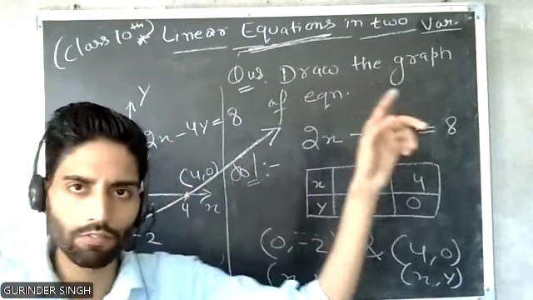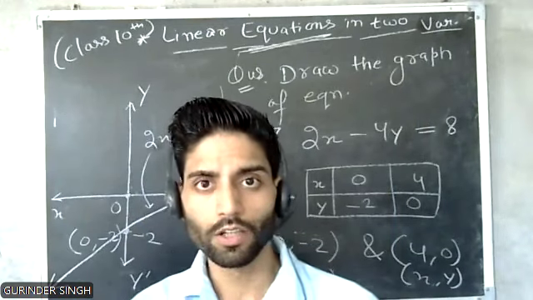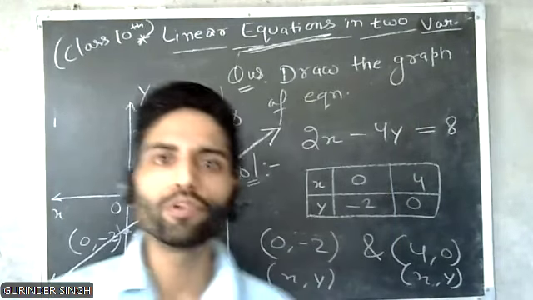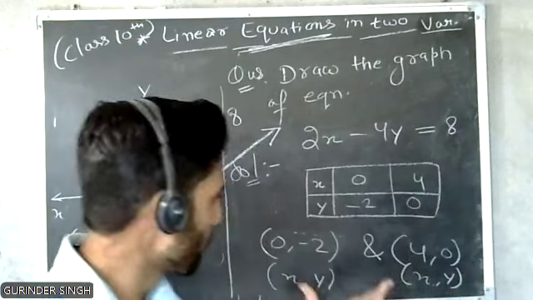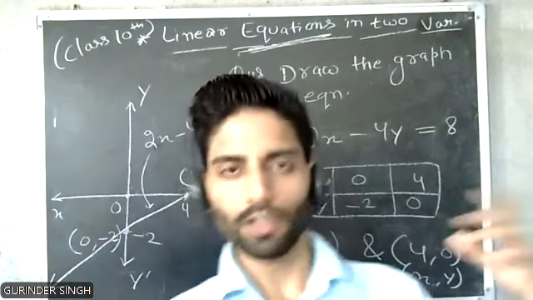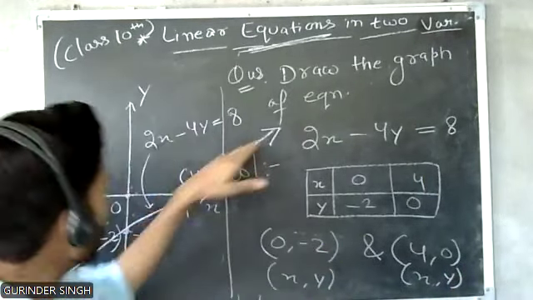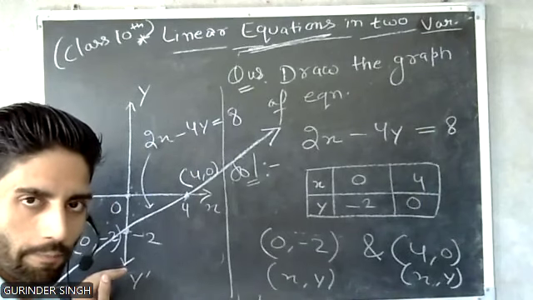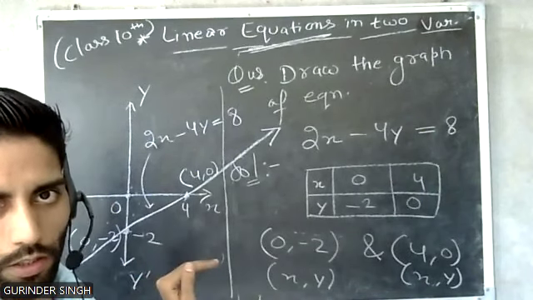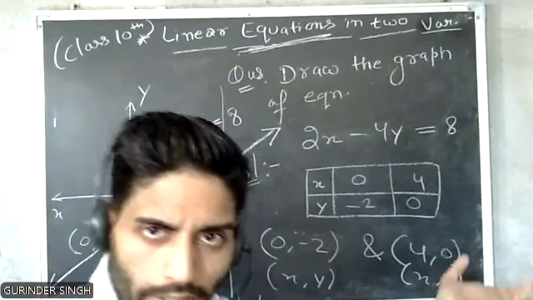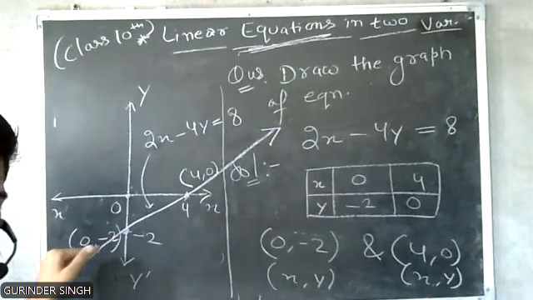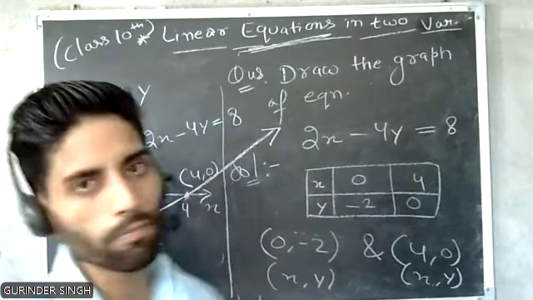I have drawn a graph. I just found 2 points. If you find any other point except these two, those points will also lie on this line, definitely, because that is the same line.